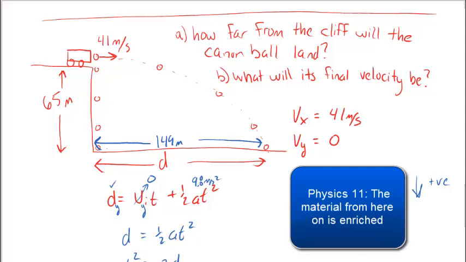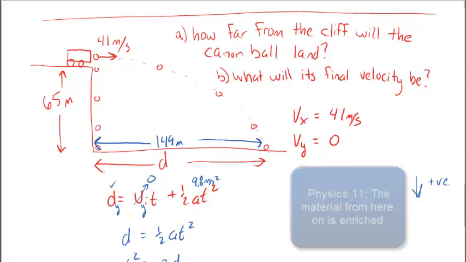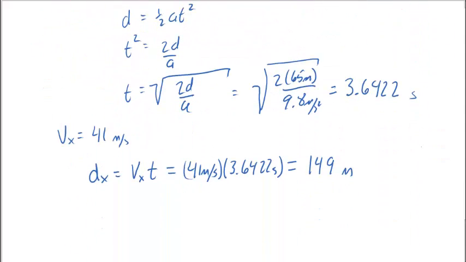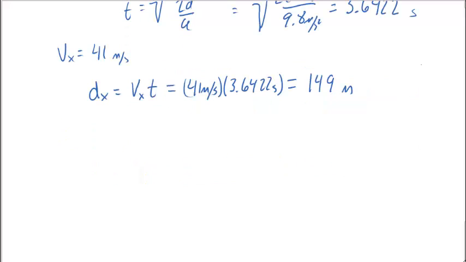Now what will its final velocity be? That one is a little bit trickier, because there are two components to velocity, and when we do vectors you'll look at that a little bit more closely. But this cannonball travels with a horizontal speed, which never changes, 41 meters per second, but also travels with a vertical speed. So the cannonball is actually traveling like that on the way down.